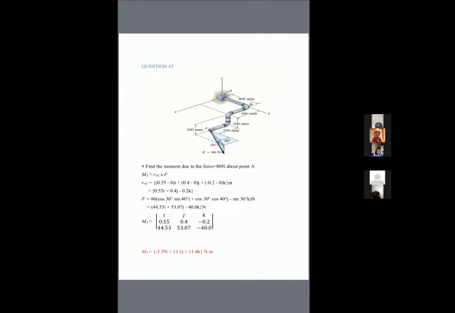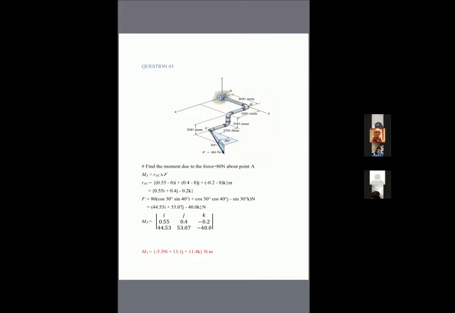Then the next thing is we have to get our force also in terms of its vector components. So the force 80 Newton there, getting it into its vector components, we're going to multiply 80, the magnitude, by the unit vector, which is along the line of action of the force.